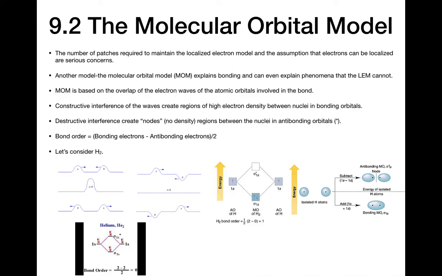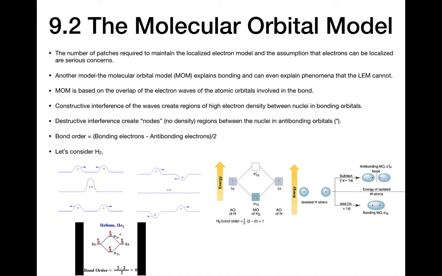But we also have anti-bonding molecular orbitals, which would have a node between them, because if the amplitudes do not match up in the same direction, you get destructive interference.